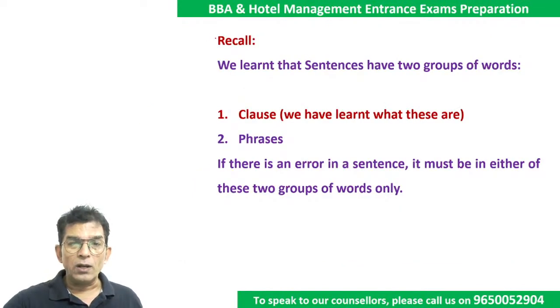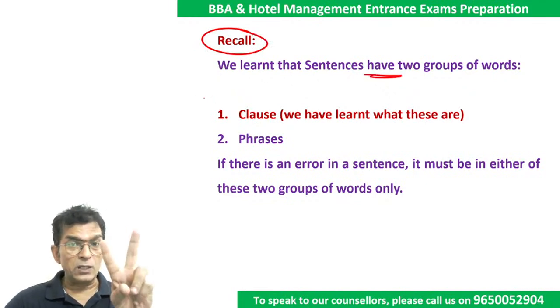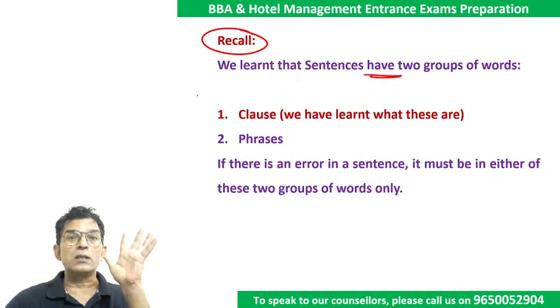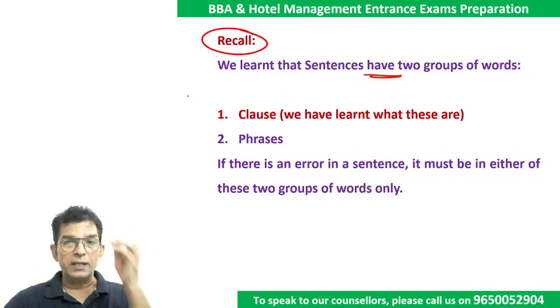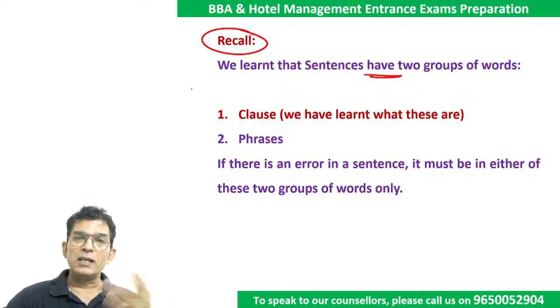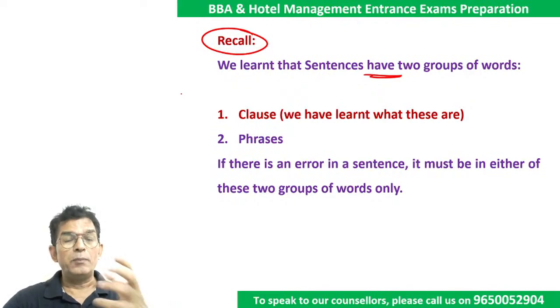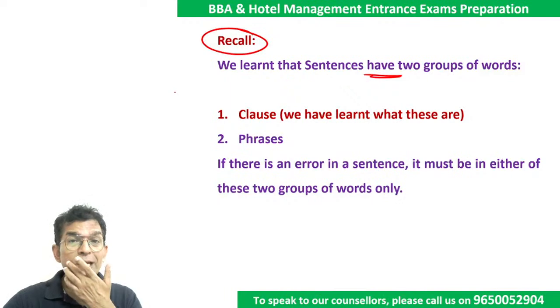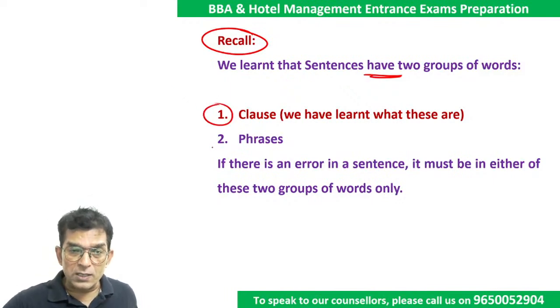Now, recall, what did we learn? We learned that sentences have two groups of words. Sentence के अंदर दो ही groups of words होते हैं जिसमें गलती हो सकती है. If there is an error in a sentence, you can find those errors only in two groups of words. Now you might argue, a sentence is a group of words. Of course it is. But if you want to look for subsets of groups of words, then they are clauses and phrases.